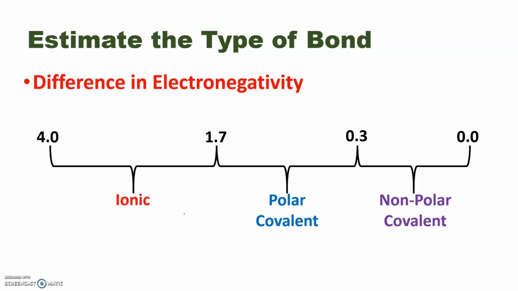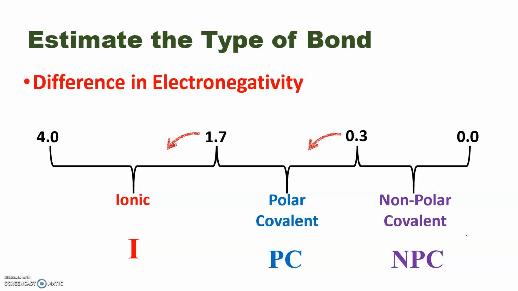And depending which gap it falls into, we will decide whether the pair will form an ionic compound or a covalent compound. And you can see that we have polar covalent and non-polar covalent as options. We'll explain those more as we go. We will label them I, PC, and NPC. So if you want to write that on your yellow sheet, you can write I, PC, and NPC on that yellow sheet.